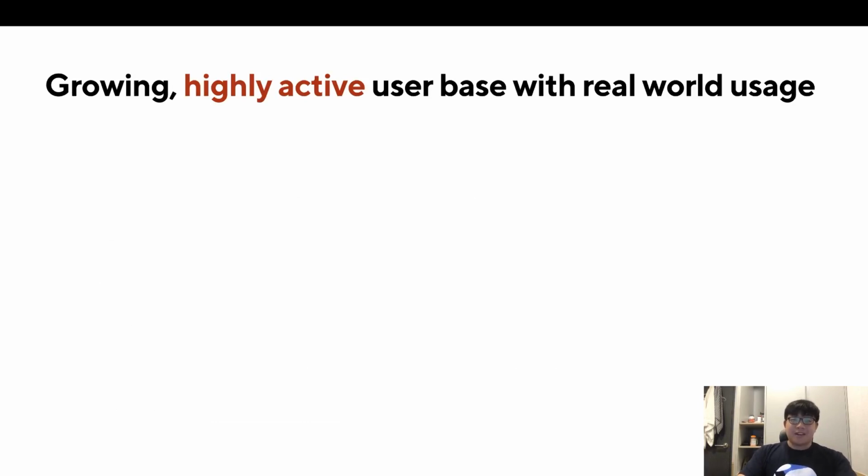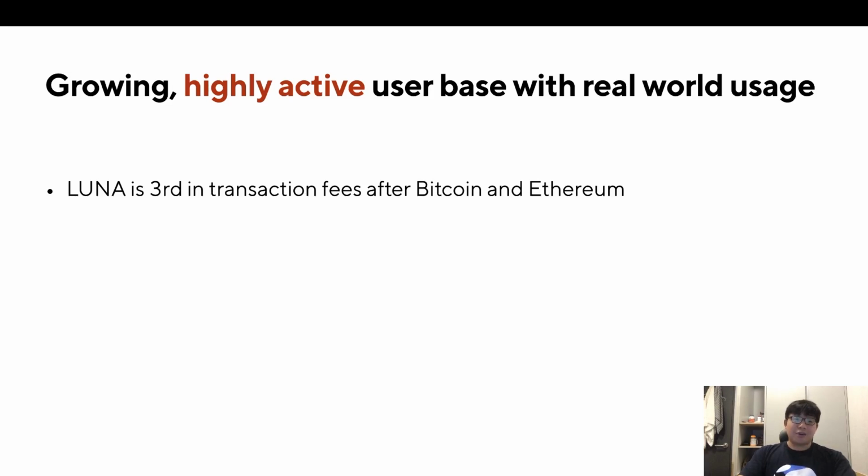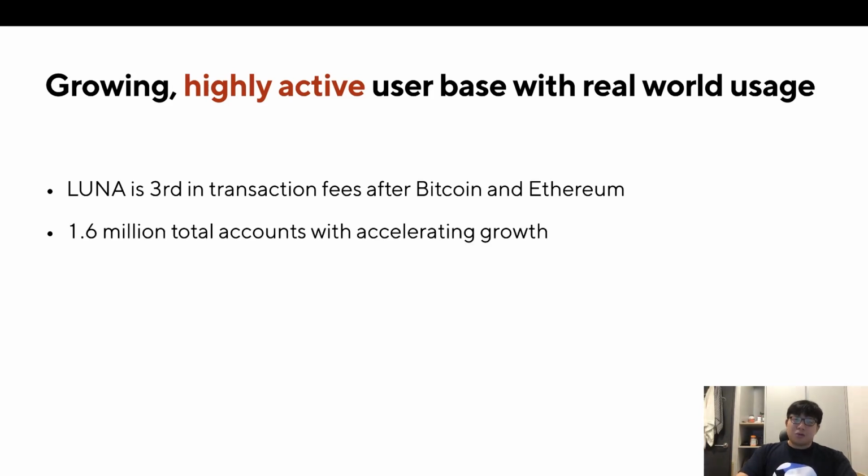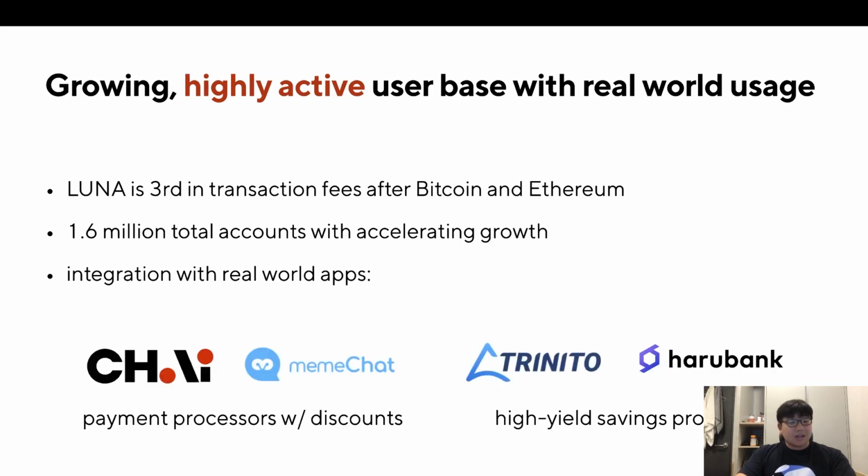The main appeal of Terra, however, comes from the growing, highly active user base with real-world usage. Currently, Luna is third in transaction fees, right after Bitcoin and Ethereum. There are a total of 1.6 million accounts after 1 year of release, and this number is constantly growing. And we're integrating with real-world apps with actual use cases. Some that come to mind are definitely Chai and Mimi Chat, which are payment processors that provide discounts to attract users.